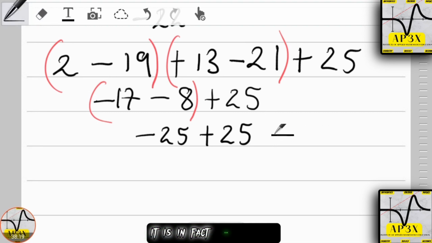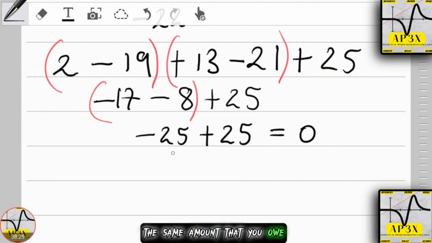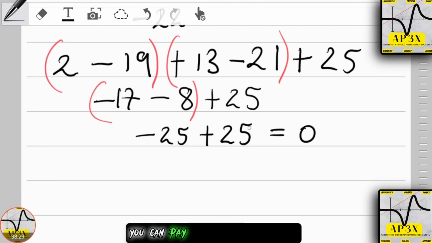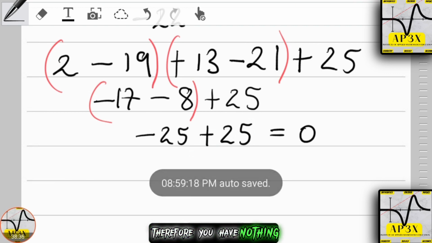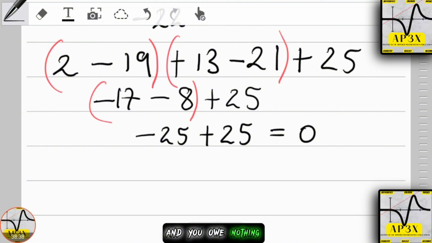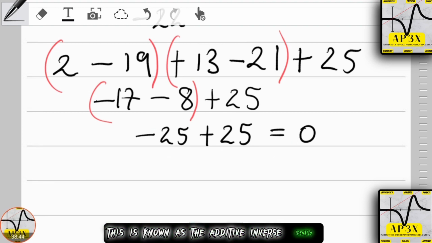It is in fact equal to 0. Why? Obviously the same amount that you owe is the same amount that you have, so you can pay what you have to clear the amount that you owe. Therefore you have nothing and you owe nothing, so therefore your answer here is 0. This is known as the additive inverse identity.